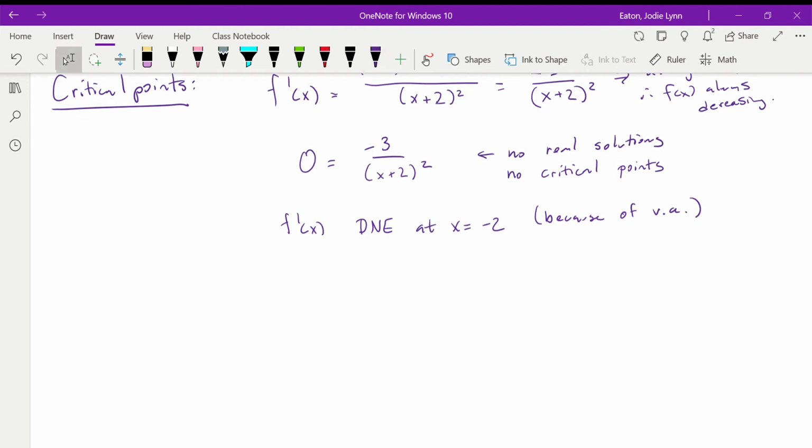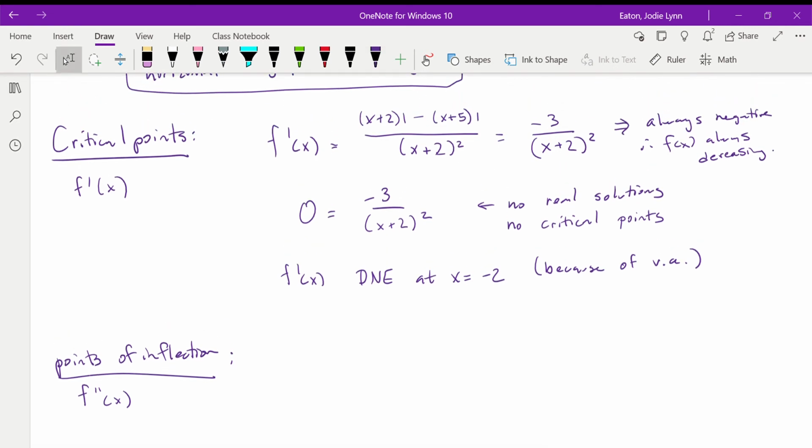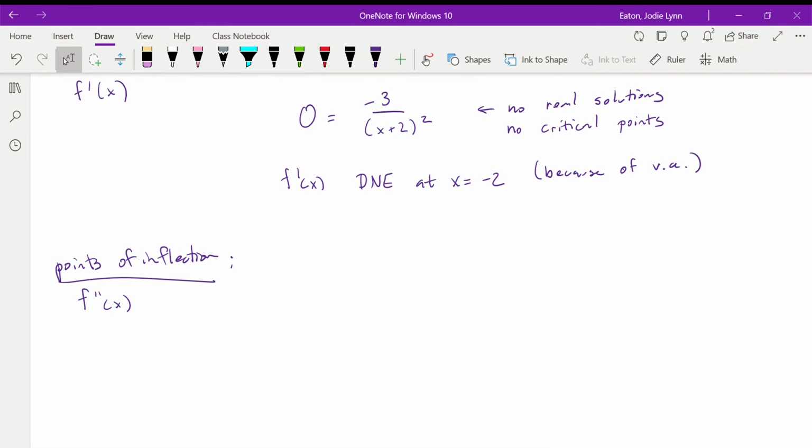So finally, we have our critical points in our f prime. Let's look at f double prime of x. That means points of inflection. So critical points is f prime of x, and points of inflection is f double prime of x. So we are going to go to our derivative and say low d high is nothing minus high times d low.